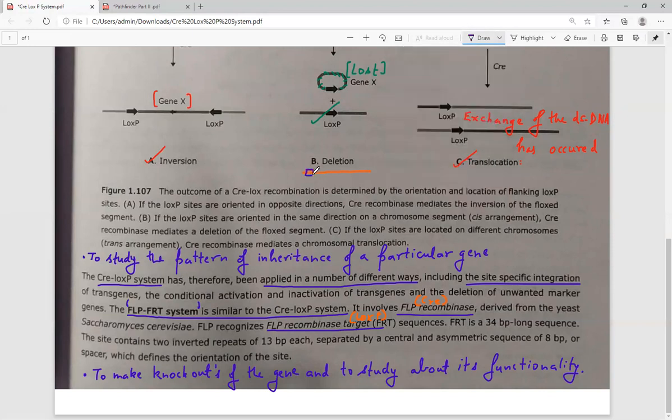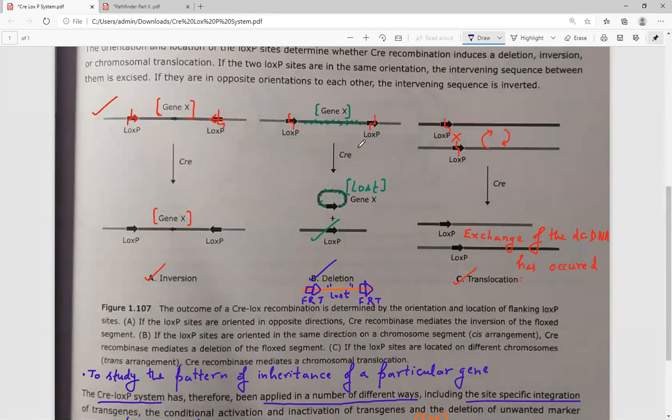So supposing this is the first FRT sequence, there is another FRT sequence in the same manner that has been kept just by short direct repeat sequences. See this? Then the recombination is going to take place and this particular gene will be lost. It will undergo deletion.